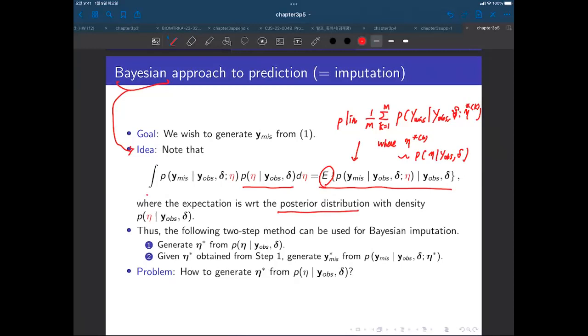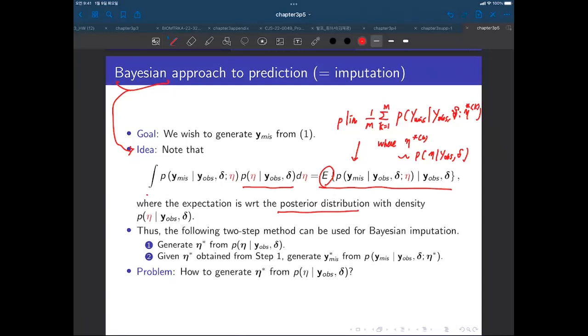Because by the law of large numbers, the expectation is the limit of the sample mean. This is just some function of eta, and we are taking the expectation of this function of eta.